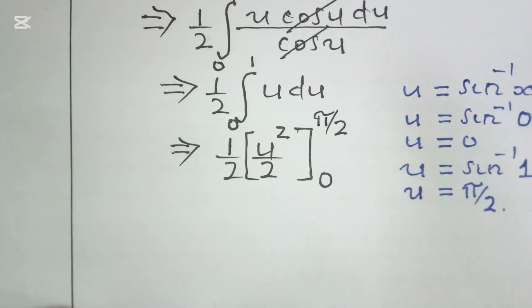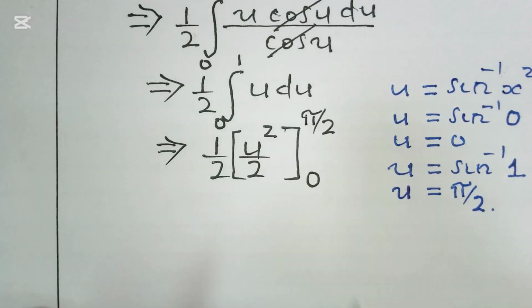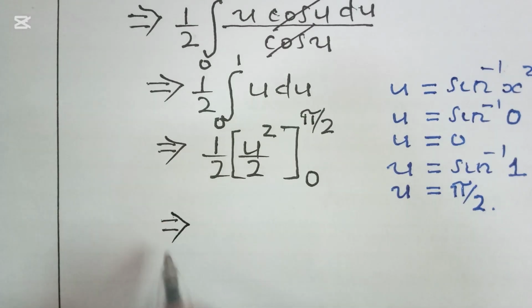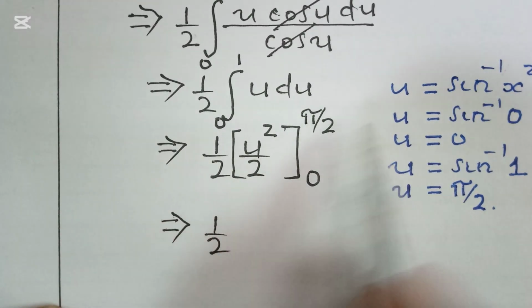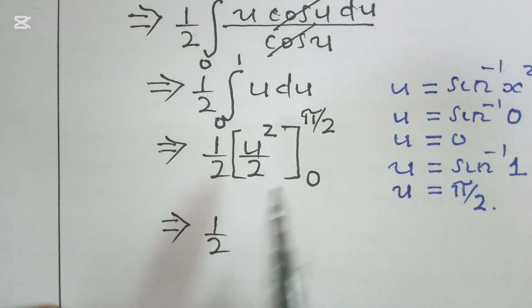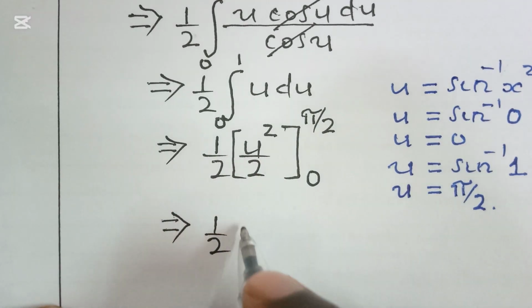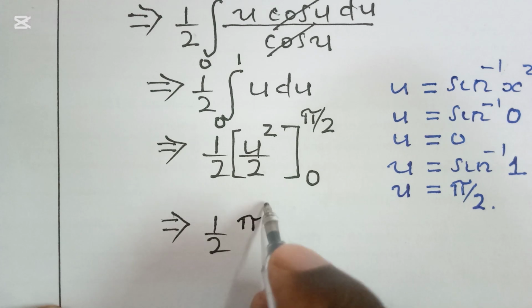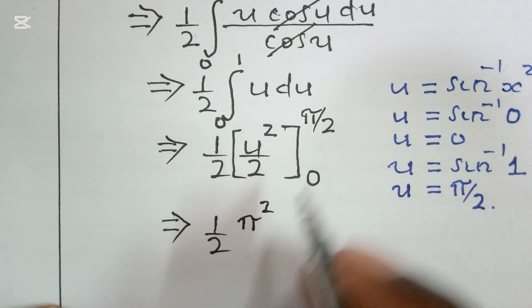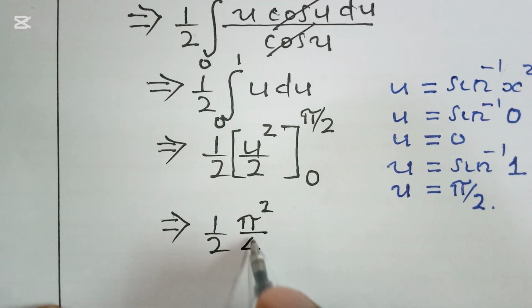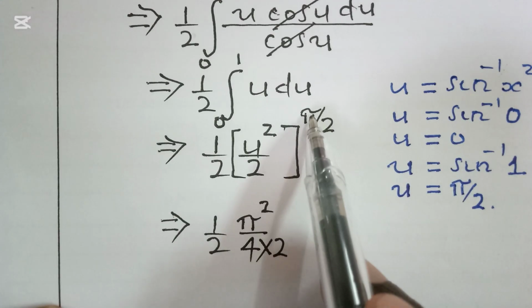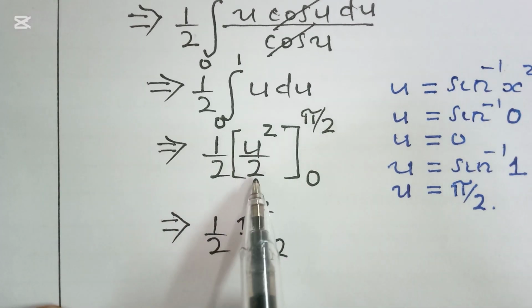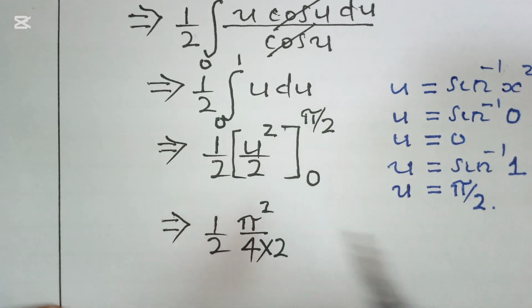And so our final solution is going to be a half. We replace: for 0 it's going to be 0. For pi over 2 we shall have pi squared all over 4, again multiplied now by 2. Because this will be u squared, this is pi squared over 4, then you multiply by 2 and then by 2 yet again.